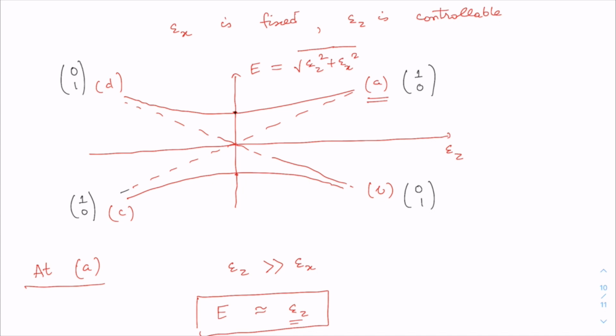Okay, what about the point P and the point Q when ε_z is equal to 0? You can do the calculation and show that the point P corresponds to the eigenvector 1/√2 (1, 1), while the point Q corresponds to the eigenvector 1/√2 (1, −1).